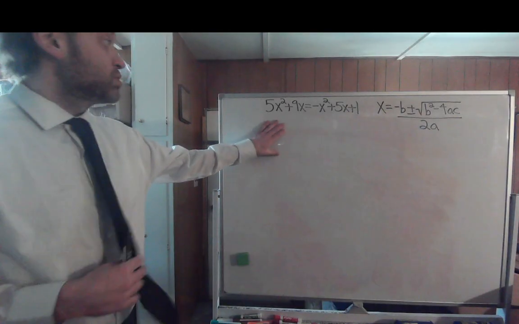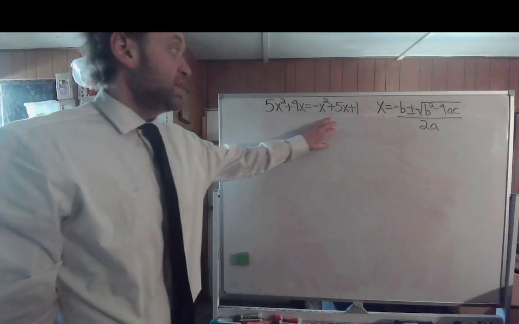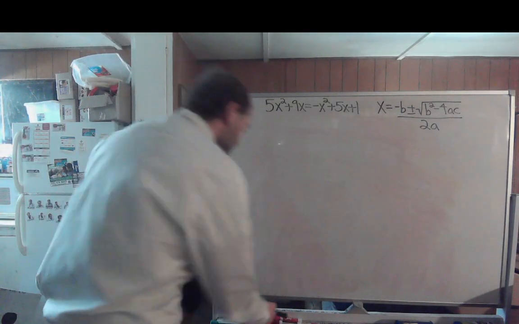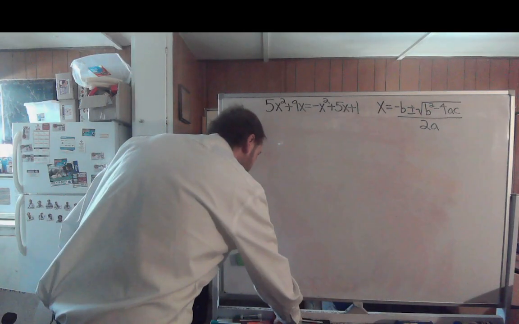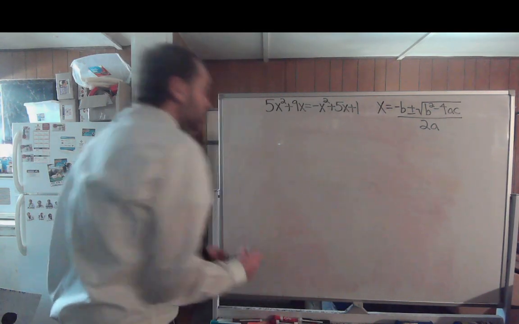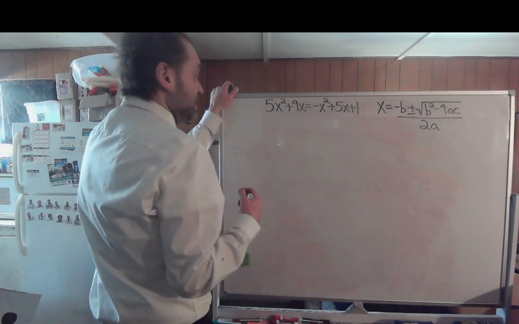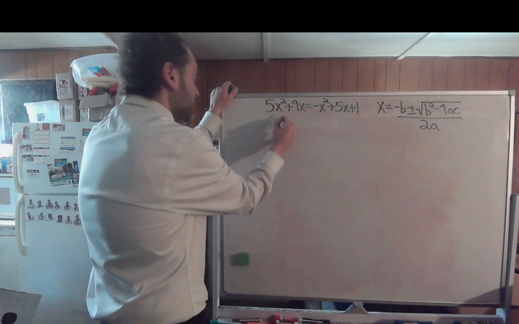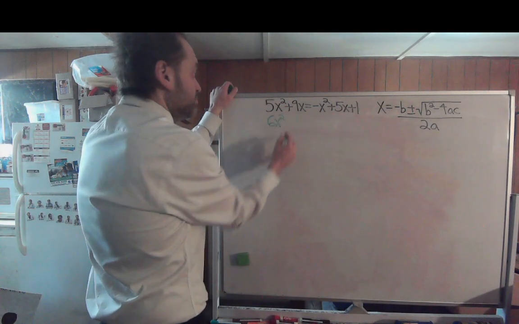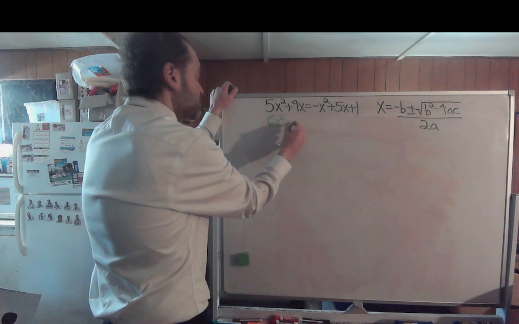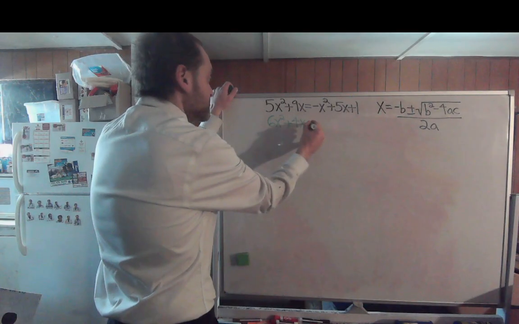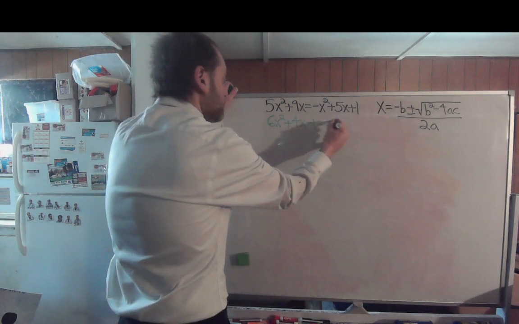So 5x squared plus 9x equals negative x squared plus 5x plus 1. Well, we definitely need to make the right-hand side equal to 0. So let's see, if you add x squared to both sides, you'll end up getting 6x squared. And then if you subtract 5x from both sides, you'll end up having 6x squared plus 4x. Then subtract 1 from both sides, minus 1, that would all equal 0.